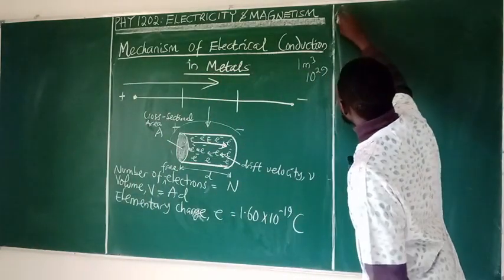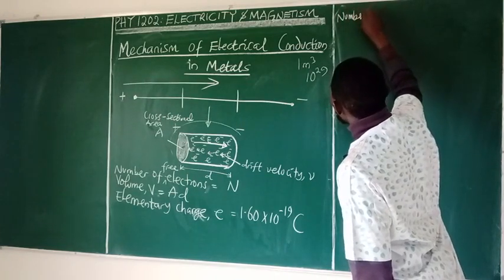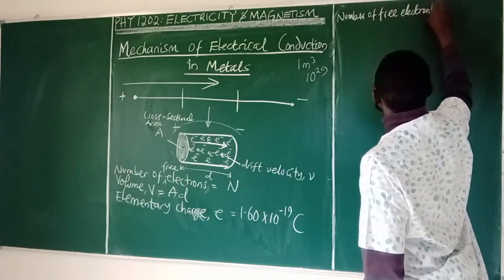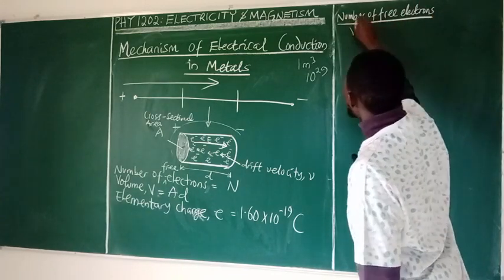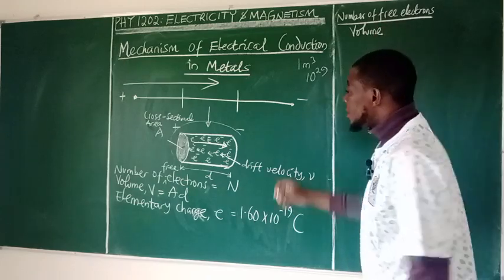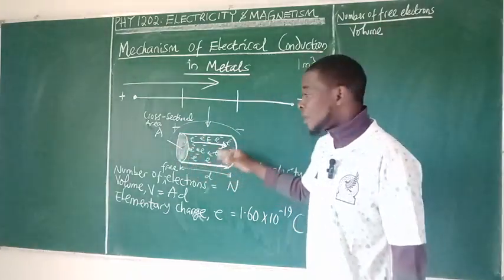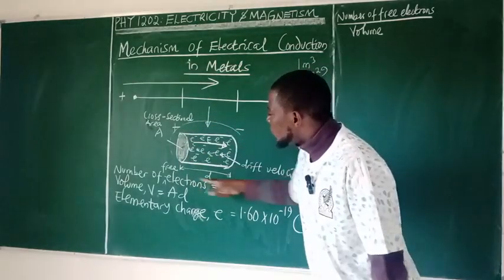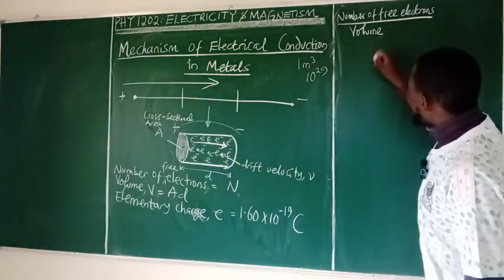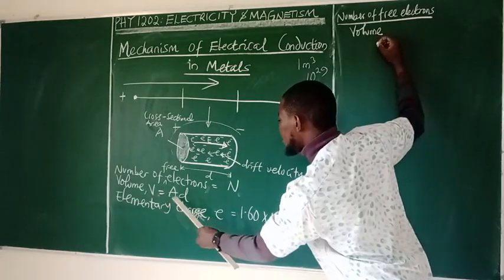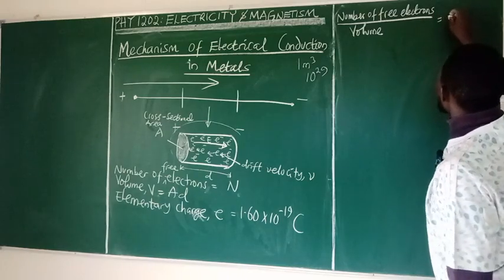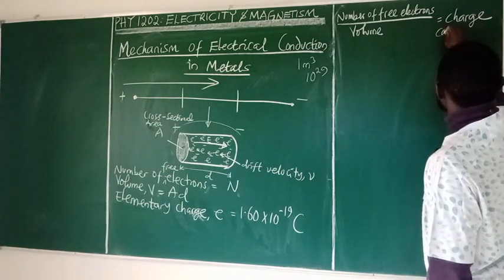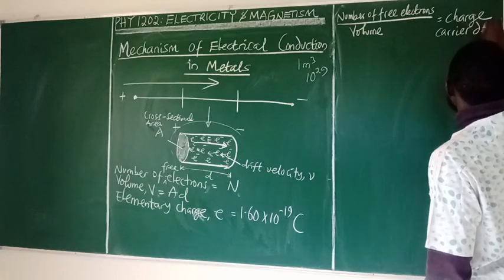If you take the number of free electrons divided by volume, meaning the entire free electrons that you have here, denoted by capital N, divided by the whole volume of this material, which is AD, this will be equal to what we call charge carrier density.